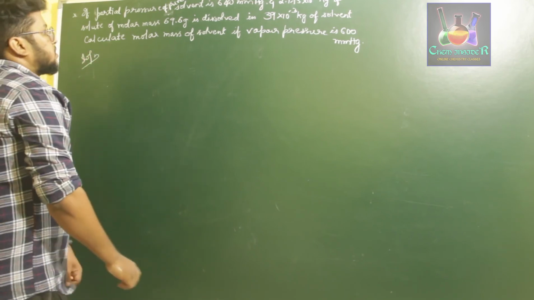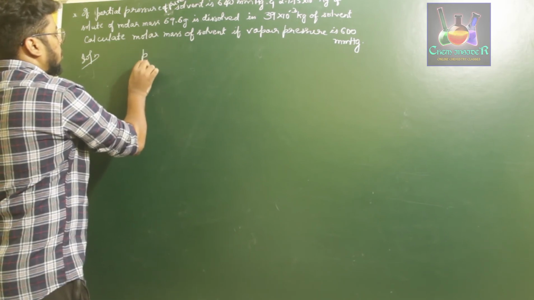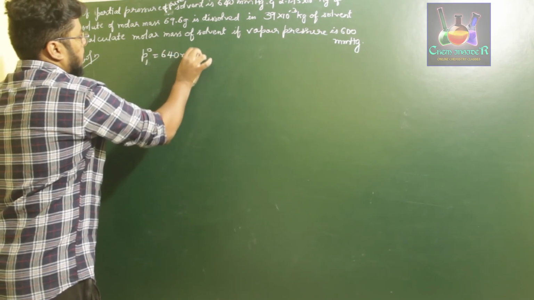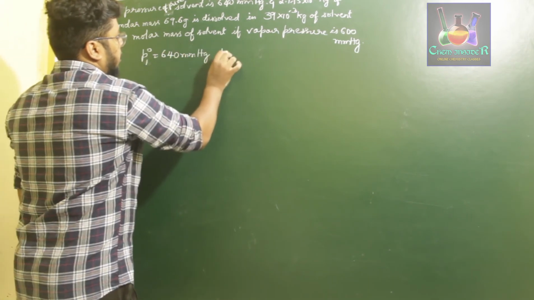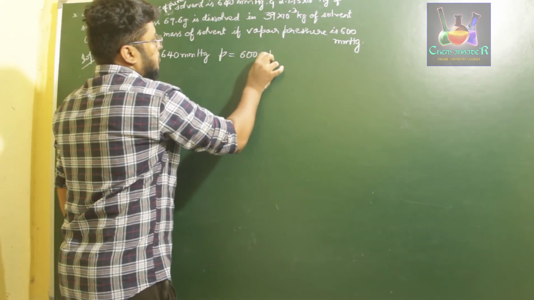Now let us write down the given values. First, they have given us PA naught or P1 naught, which is 640 mmHg, and P, that is 600 mmHg.